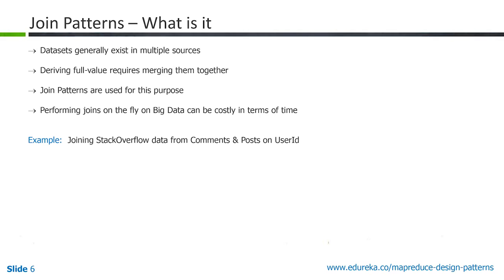Okay, the other question was, you mentioned software defined networks when talking about join patterns. Could you please throw some light on that? The reason I mentioned that was not exactly related to the join pattern, because I was talking about transferring a lot of data across your map and reduce jobs. In your clusters, a lot of data is getting transferred.